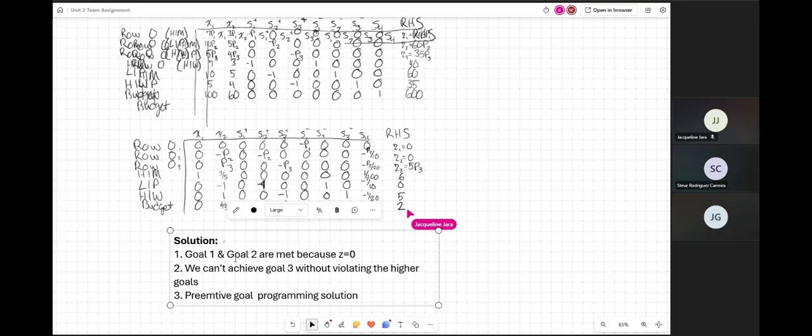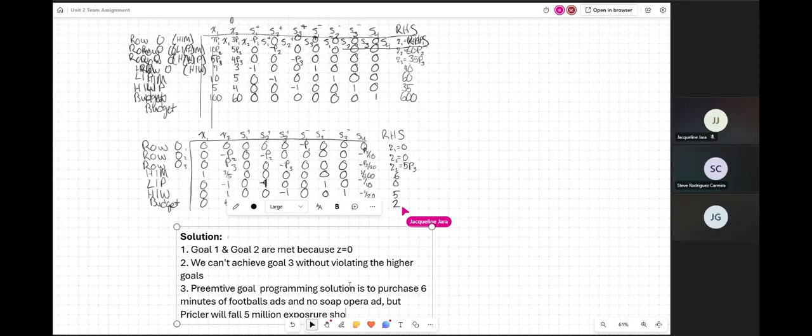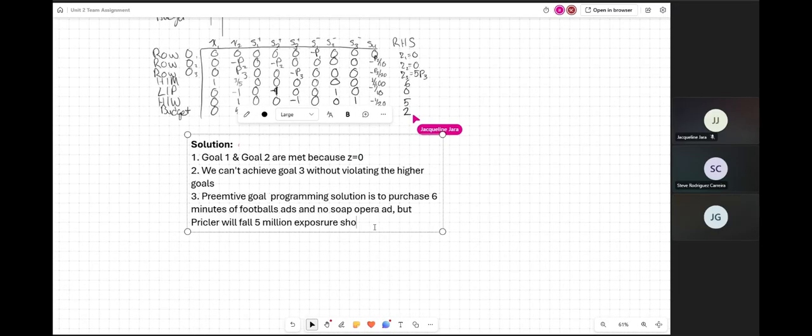And then lastly, the preemptive goal programming solution is to purchase 6 minutes of football ads and no soap opera ads, but Chrysler will fall 5 million exposure short of meeting goal 3.